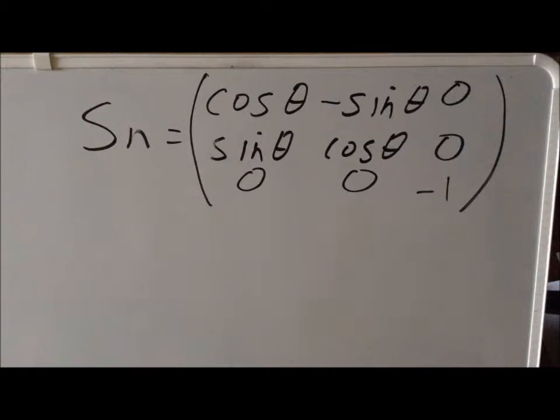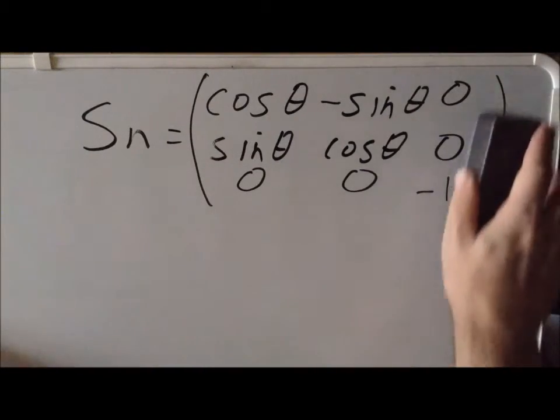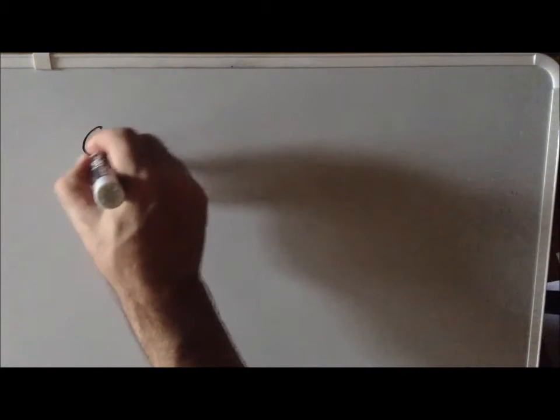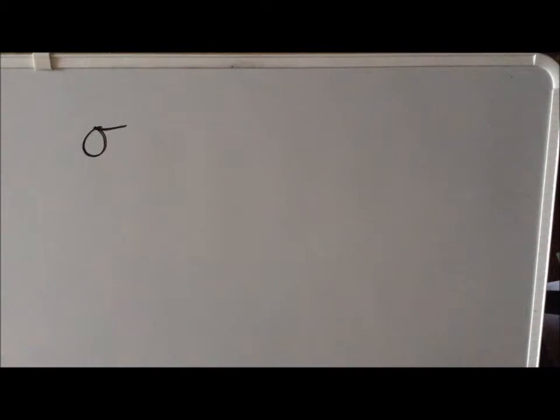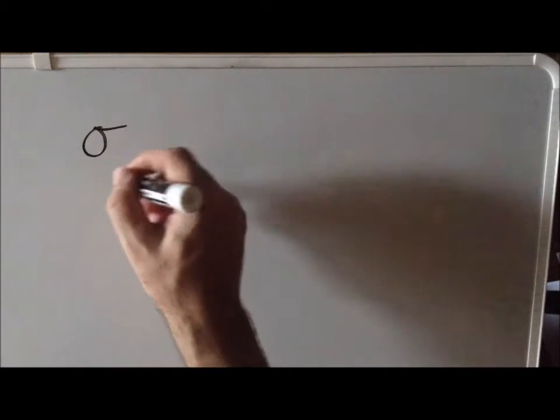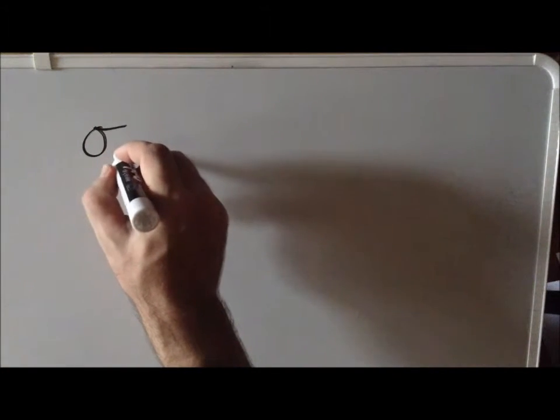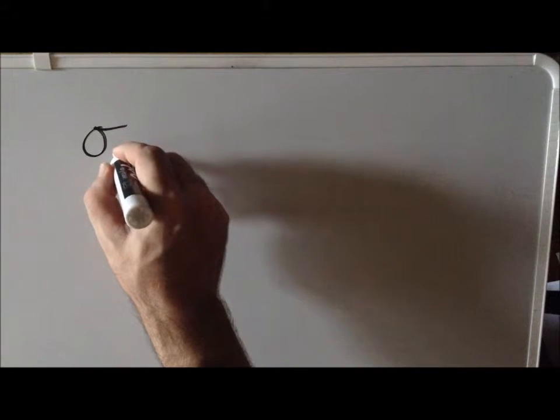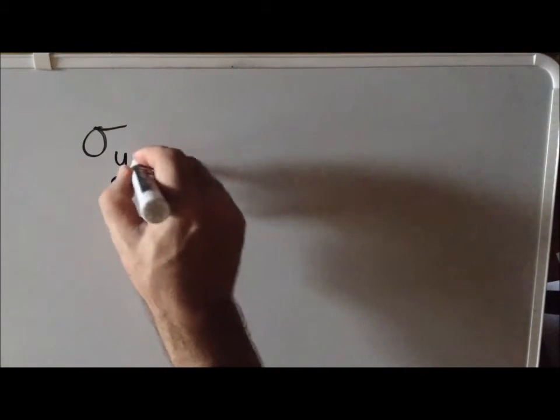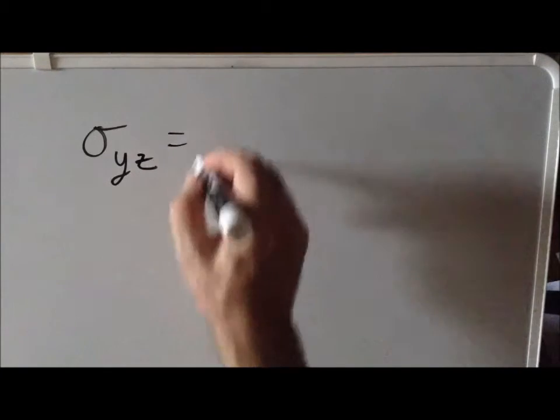Next, we want to look at mirror planes, because mirror planes are one of the most important and one of the most common symmetry operations with which we have to deal. So recall that we use sigma to represent a mirror plane. And for example, if we had a mirror in the YZ plane, recall that this would keep anything that had a y or z coordinate the same, but it would turn x into minus x.